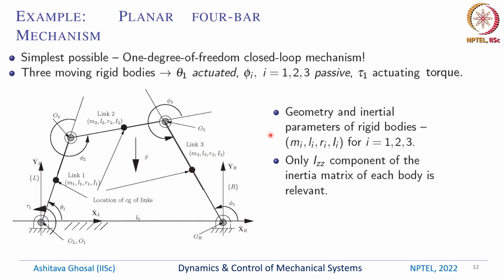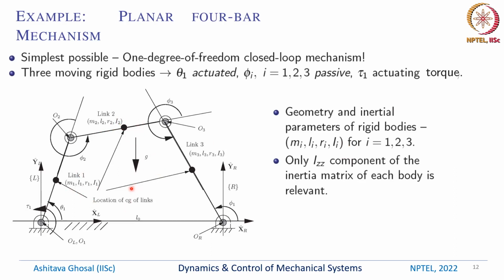The geometry and inertial parameters of the rigid bodies are again denoted by mass, inertia, z component of the inertia, because everything is planar, length Li, and Ii. So I is the z component of the inertia. So it is M2, L2, R2, I2. Likewise M1, L1, R1, I1, and so on.